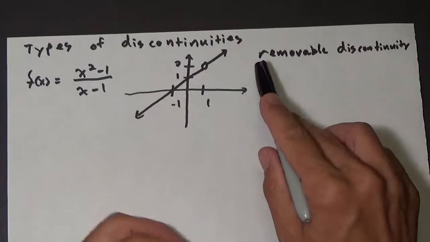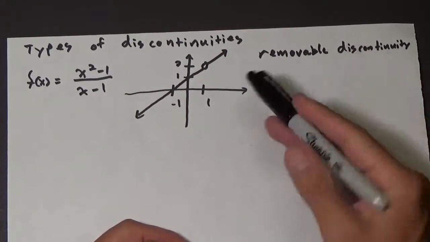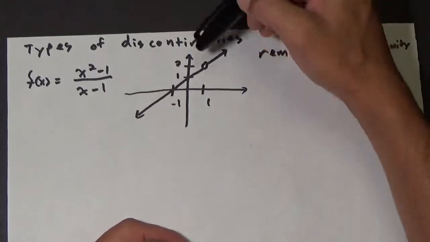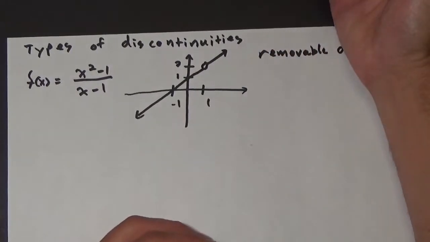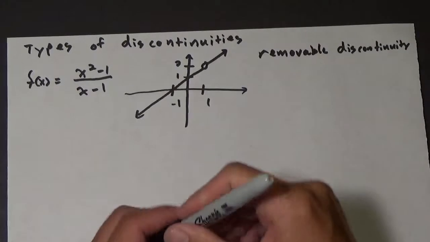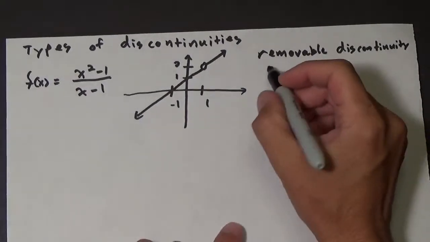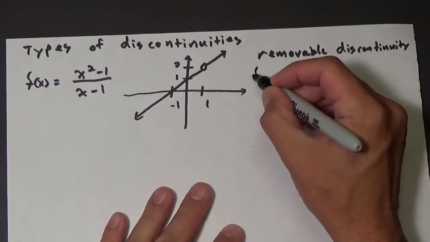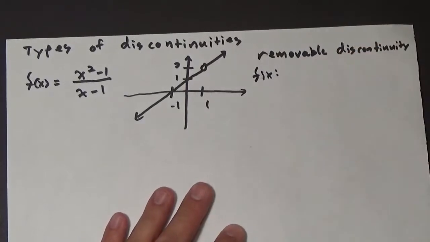Now, the reason we call it a removable discontinuity is because we were able to just take that point, remove the point, and there we have it. Okay, now the neat thing about a removable discontinuity is there is a fix for it.